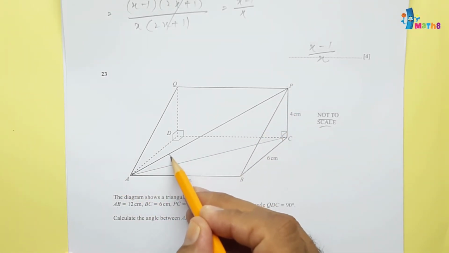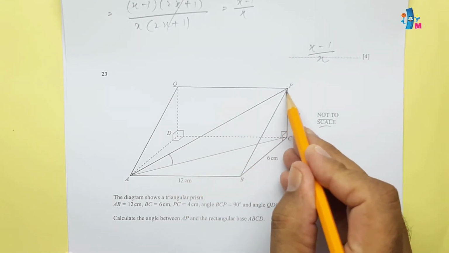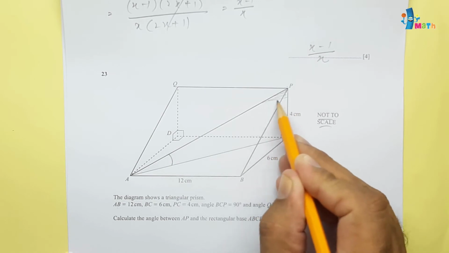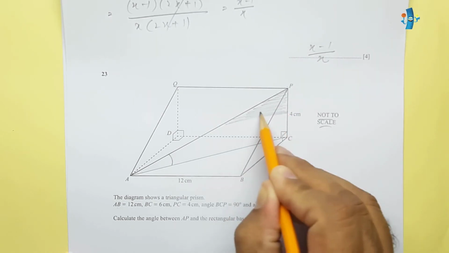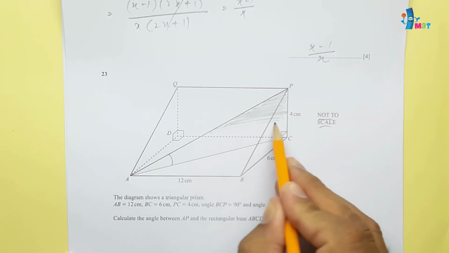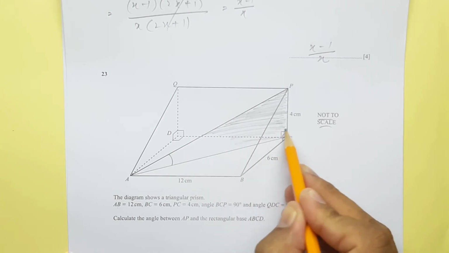So basically the angle required is this one, and the triangle which we will be considering will be this whole triangle. So I will shade this triangle.